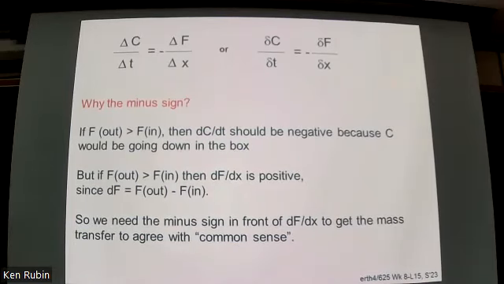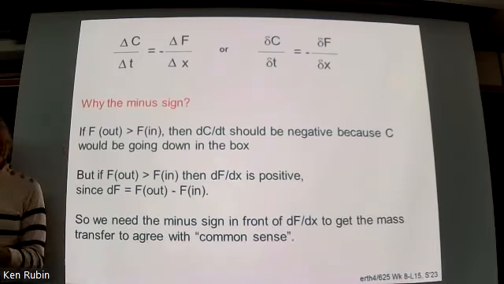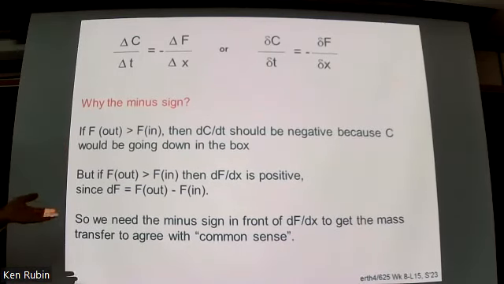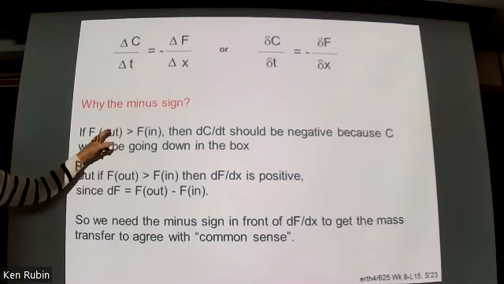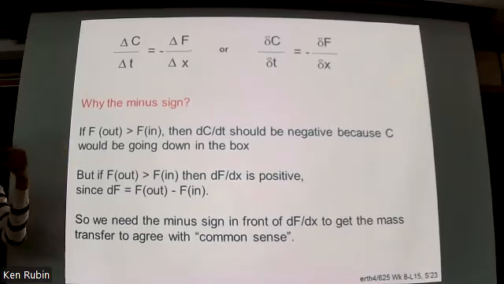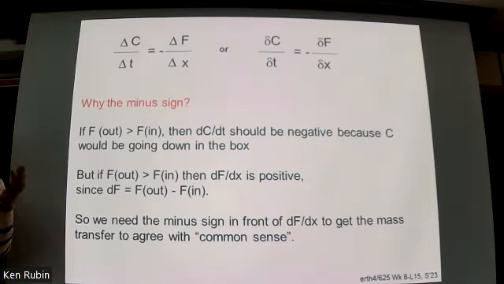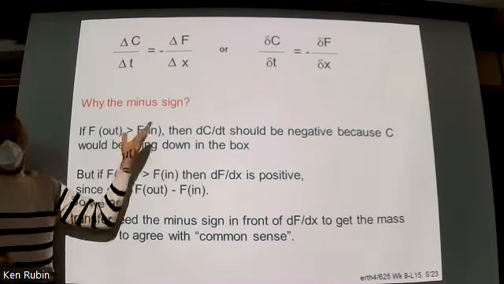This is just another way of rationalizing that minus sign. If you think about it, if you were in a box and the flux in of something were less than the flux out of something, right? So you've got a box here, and the flux out is higher than the flux in. What should happen to our stuff in the box? It should go down, right? So that's kind of why there's a minus sign.